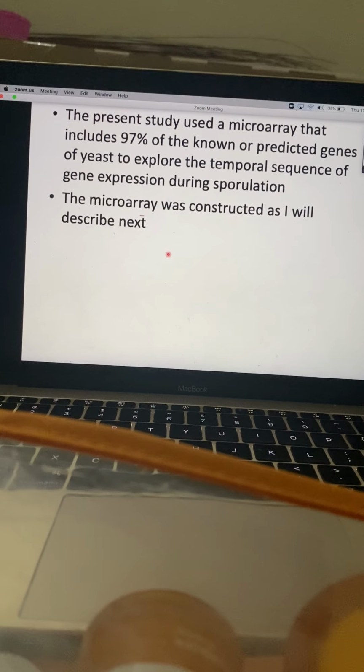Okay, so the present study used a microarray that includes 97% of the known or predicted genes of yeast to explore their expression as a function of time during meiosis and sporulation. Okay, and so how is this microarray constructed?